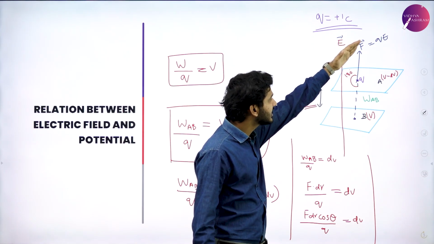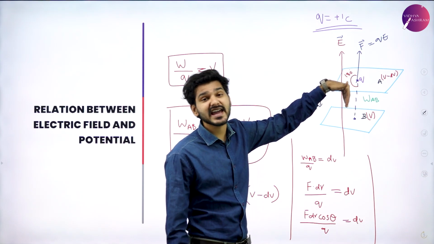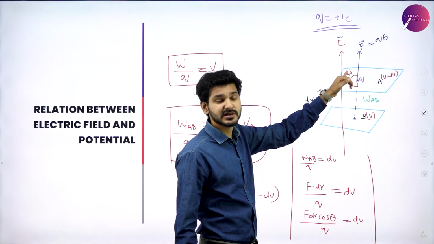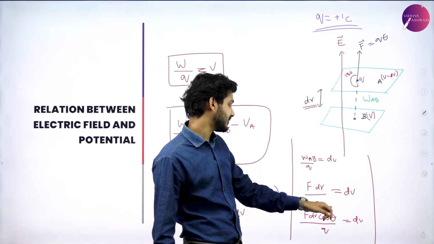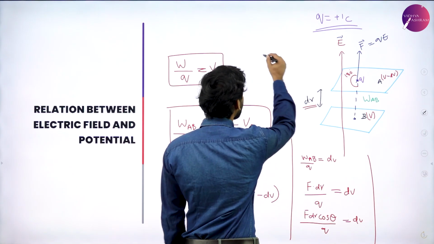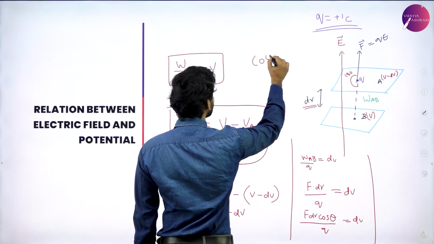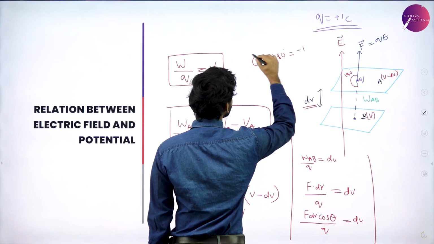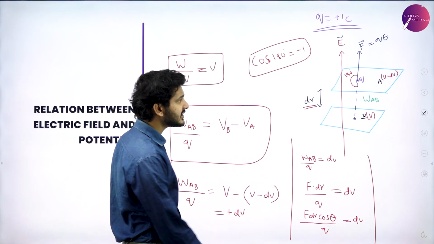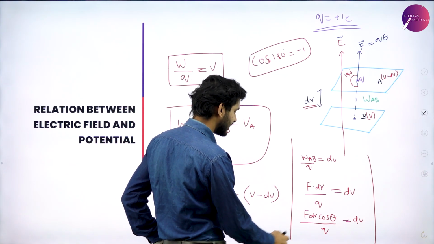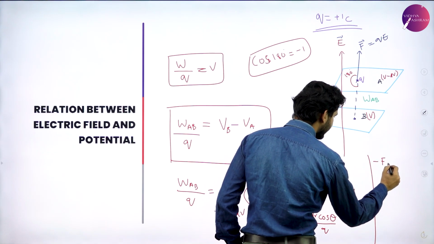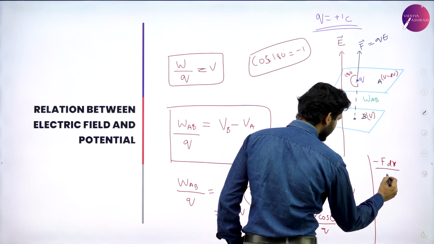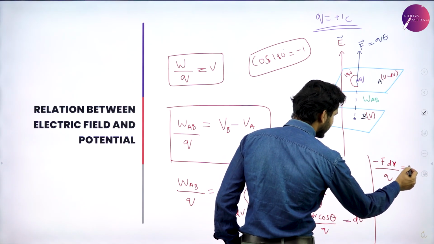Compared to that force, the displacement is occurring 180 degrees anti-parallel to that. So we can say that the displacement is at an angle of 180 degrees, which means cos 180. So we all know that cos 180 degrees is nothing but minus 1. So we can write it as minus F dr by Q is equal to dV.